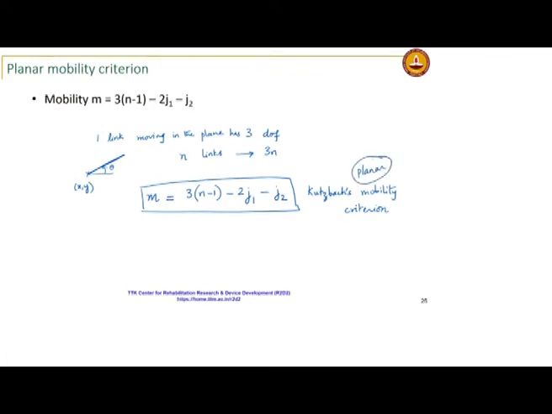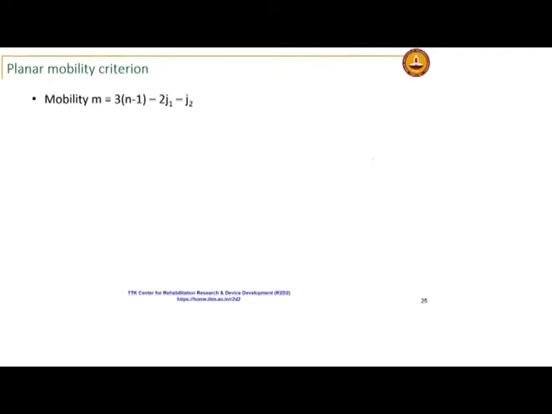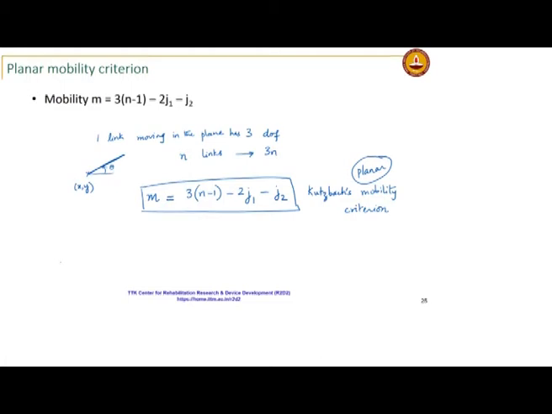We will come to the spatial criterion later, because we are starting off by assuming that it has only 3 degrees of freedom in the plane. Now, if we look at some common examples, first let us start off with the 4 bar. I have the fixed link as 1, and in the kinematic diagram, links 1, 2, 3 and 4.